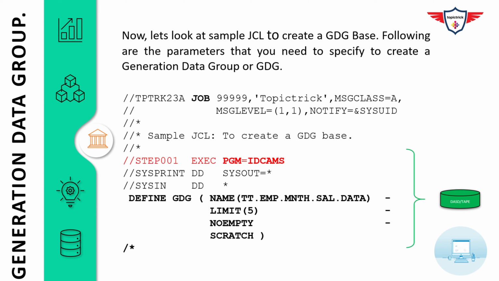After that you have step 001, which is actually invoking the IDCAMS utility of VSAM. And then you have SYSPRINT, and in SYSIN I have specified the DEFINE GDG command that has a GDG base name. You have LIMIT as 5, NOEMPTY, and SCRATCH. So when you submit this job, a GDG base would be created by the system.